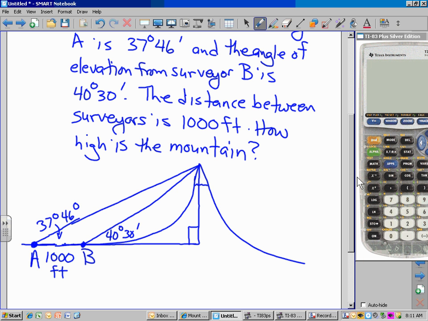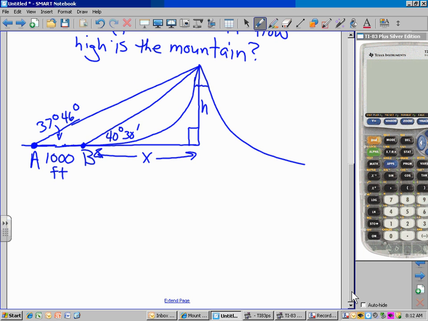We have a height. We have no idea what the distance is from the surveyor to the center, to basically where the perpendicular drops from the top of the mountain. But I think we have enough information that we can figure it out. So let's set some triangles up here. Let's split these two up. We have a big one, and we have a littler one.